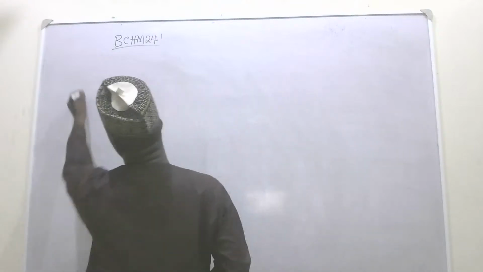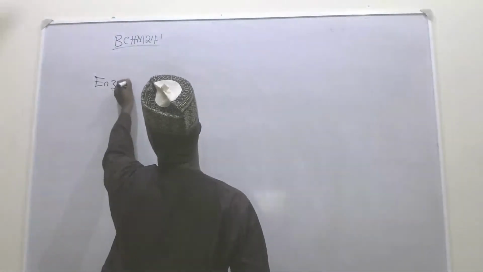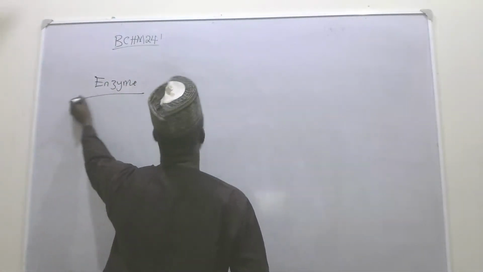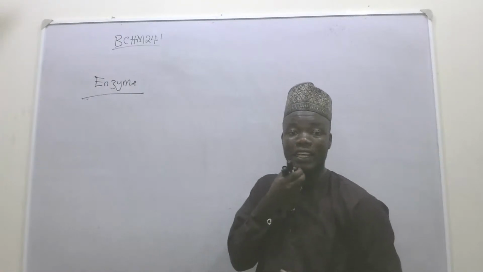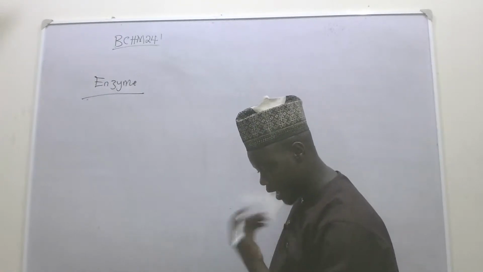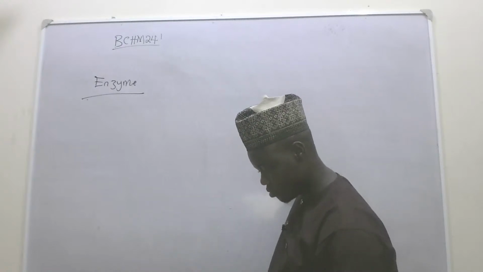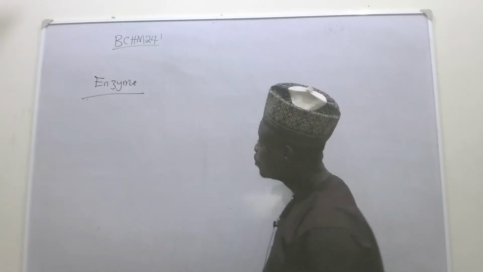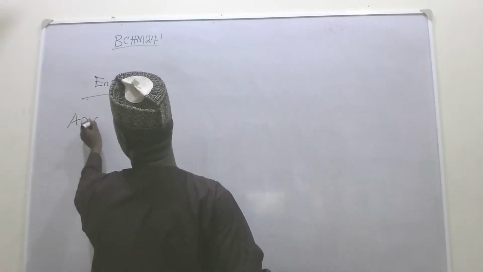So, enzymes, we are going back to the enzymes again. I have a video on the enzymes, so I advise you to go and watch them. I think I sent you some videos last time. So, what are enzymes? Actually, we have what you call apoenzyme.